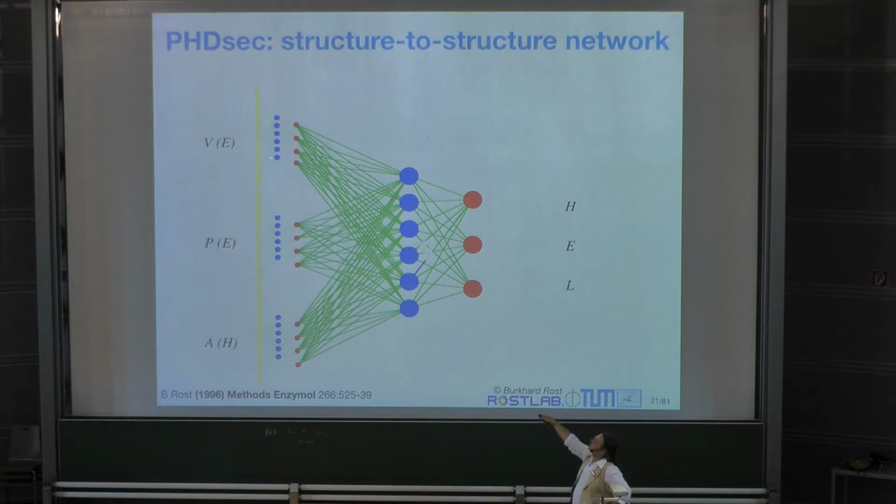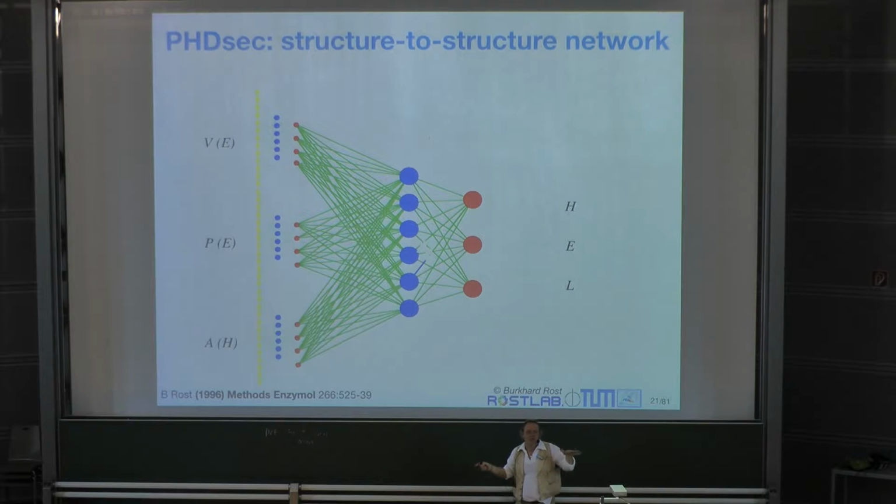So that's sequence to structure: input sequence, output secondary structure. And the second one here is predicted secondary structure to structure. So refiltering. And what it allows you to see is that there are correlations between adjacent residues. With helix, it never will happen that you have something like helix, other, helix, other, helix, other.